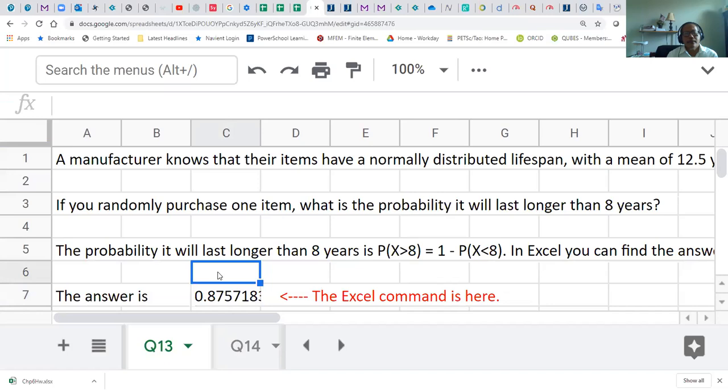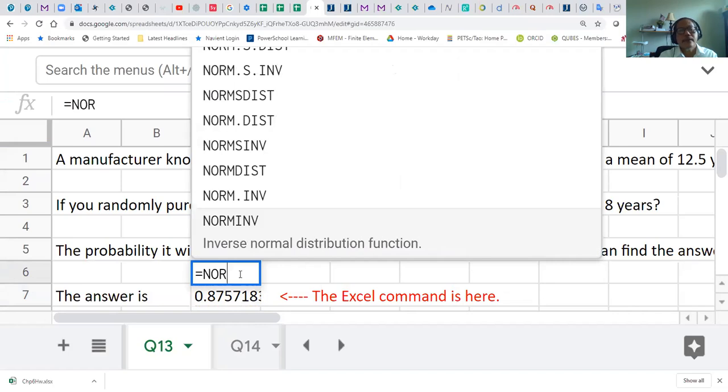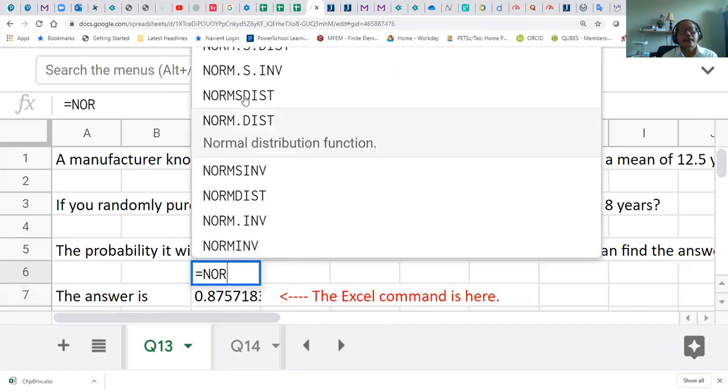Okay, you need to use norm distribution, right?